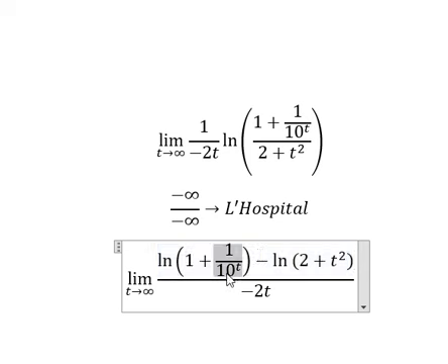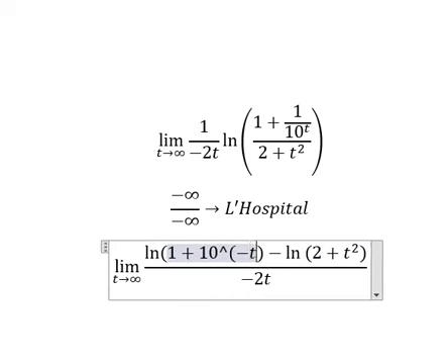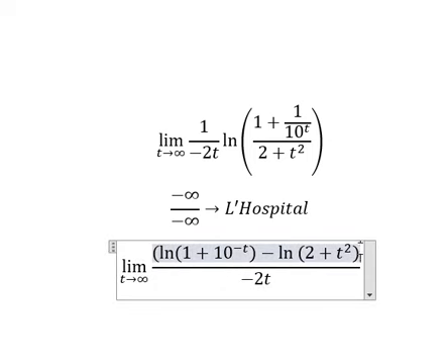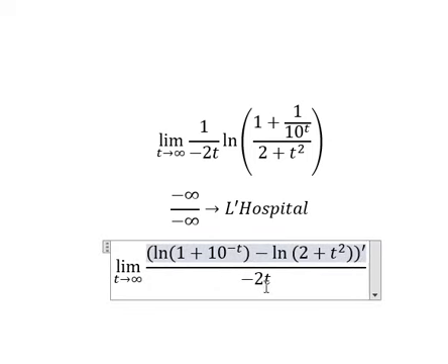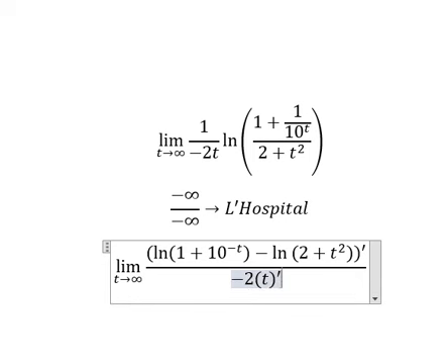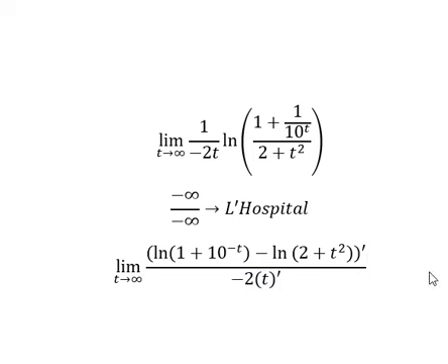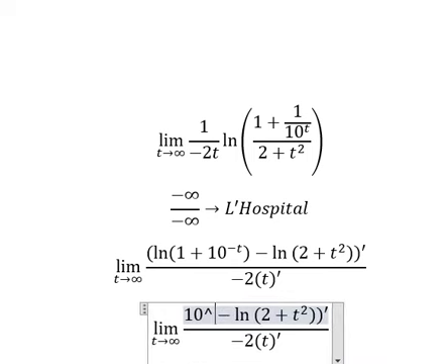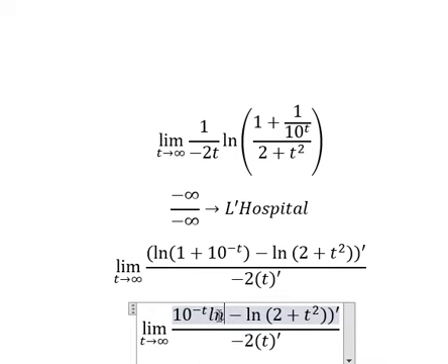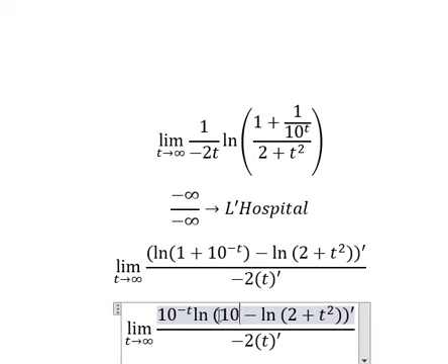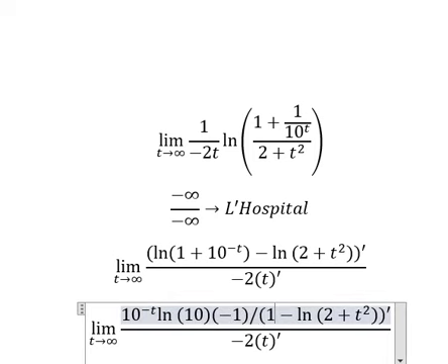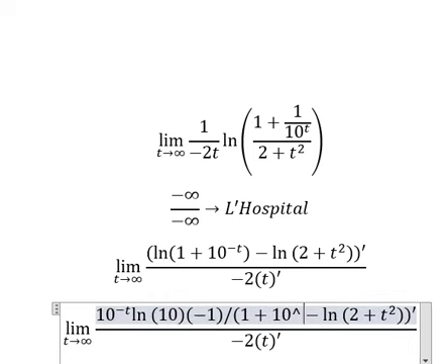I will put 10 to the power of negative t, and later we can do the first derivative. So this one is 10 to the power of negative t, ln 10, and minus 1. The negative is from here, over 1 plus 10 to the power of negative t.